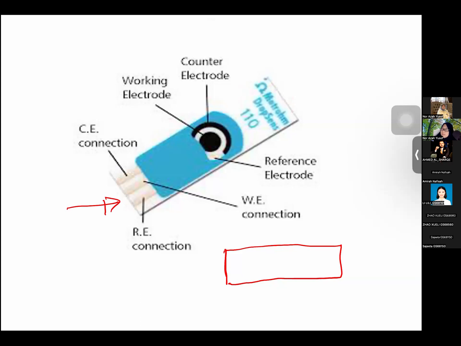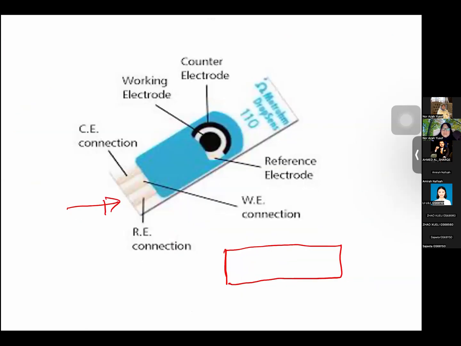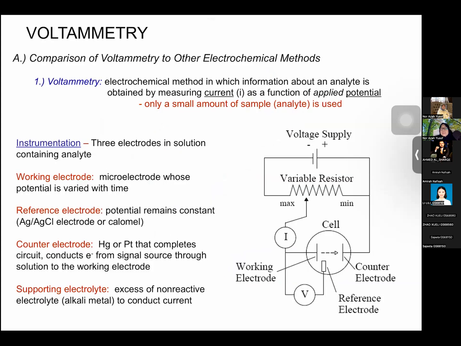So imagine this particular size has been miniaturized into a disposable electrode. But still you have the main elements: reference electrode, working electrode, counter electrode. The same structure. So this is basically voltammetry, what I have mentioned just now.